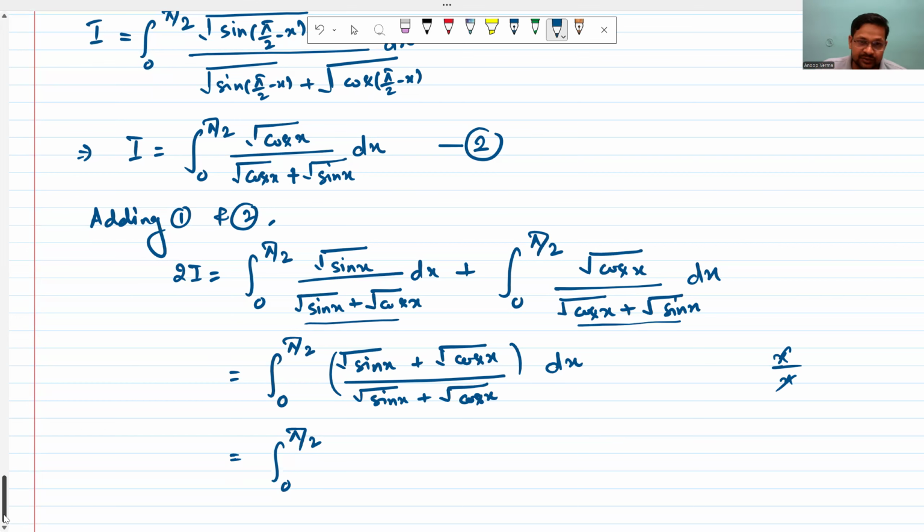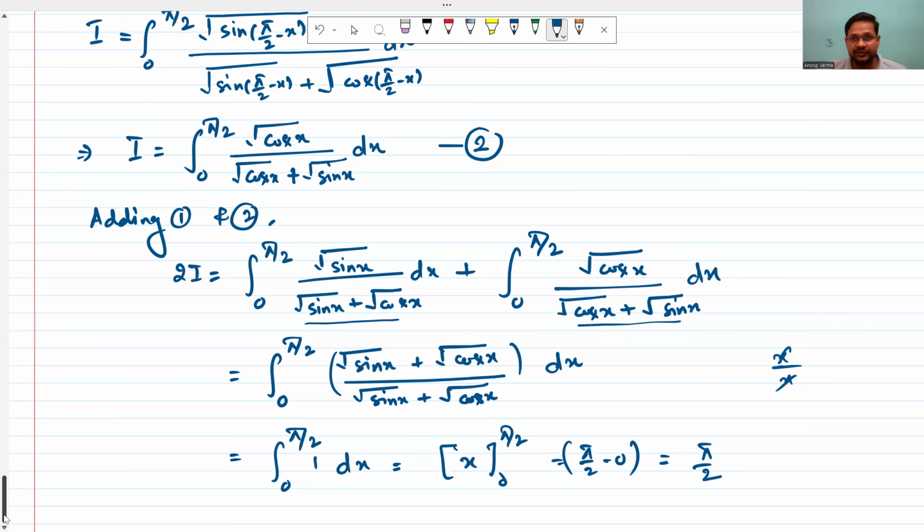So here between 0 to pi by 2 the sum is non-zero, so it will be the integral of 1 dx, which will be x, integrated from 0 to pi by 2, so this is pi by 2 minus 0. It will be equal to pi by 2.